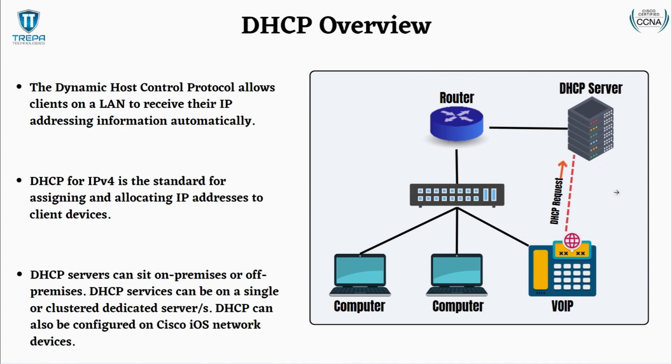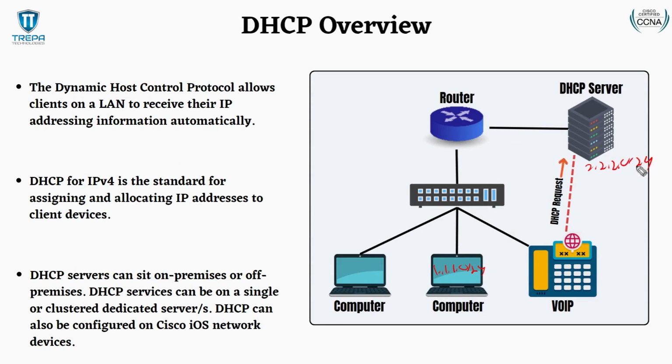So if a DHCP server is not part of the same subnet as this computer, let's say it's 1.1.1.0/24, and this DHCP server sits on another subnet, and this computer sends a broadcast message for a DHCP request, it's only going to be sent within that subnet. So we do need some sort of technology or way to relay that message over to the DHCP server, and we're going to go over that.